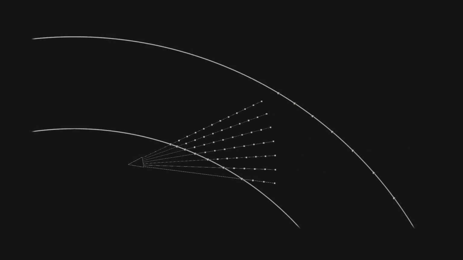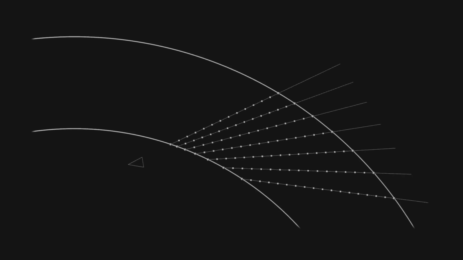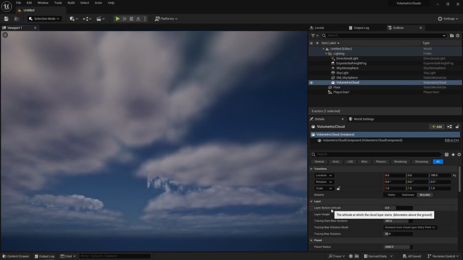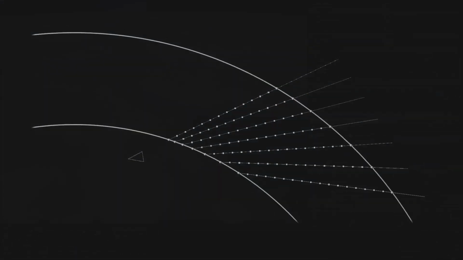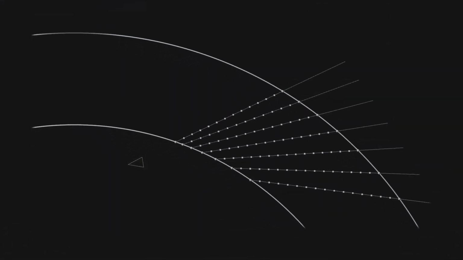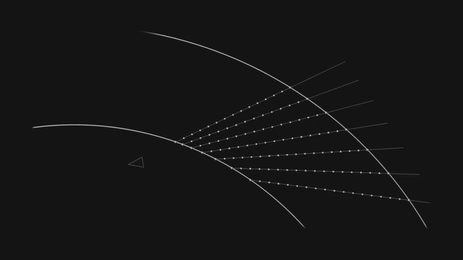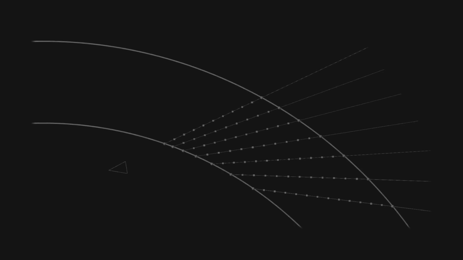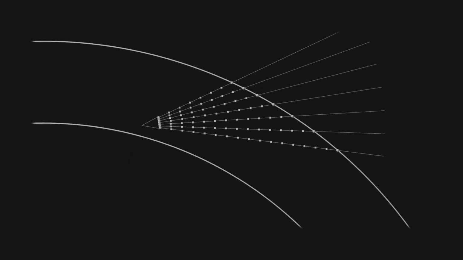Two, using simple math, the shader can figure out the intersection point with the cloud layer and start the ray from that position instead. And the cloud layer is defined by these two options, also in kilometers. There's the bottom altitude, where it starts, and its height. Note that when the point of view is inside the cloud layer, both modes result in the same start position.